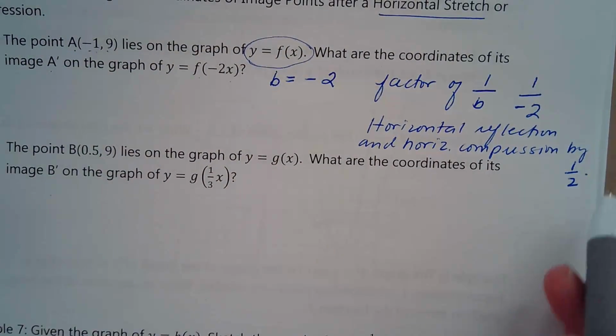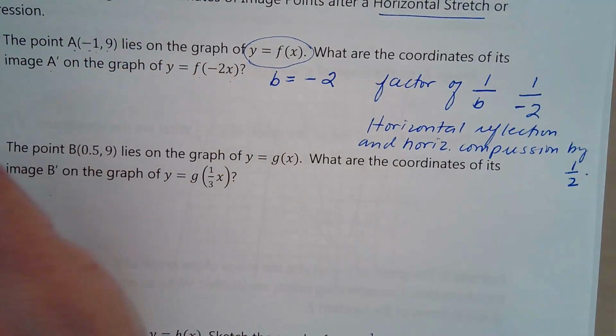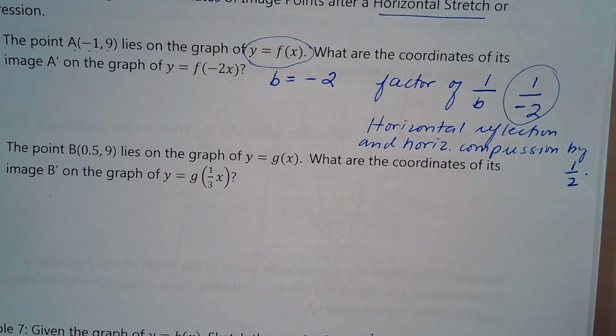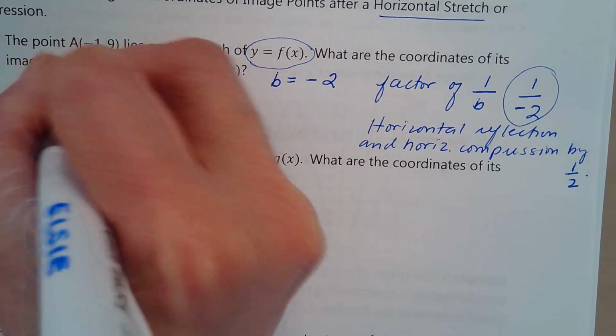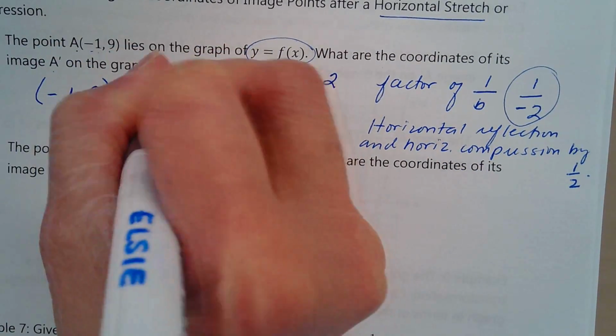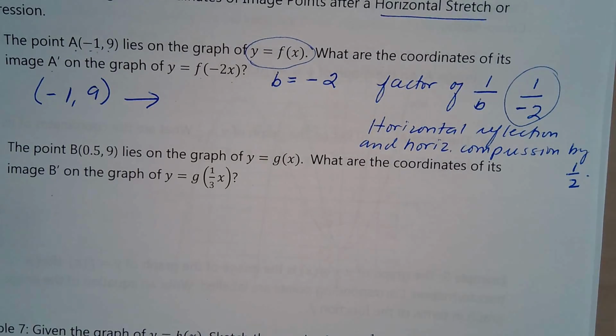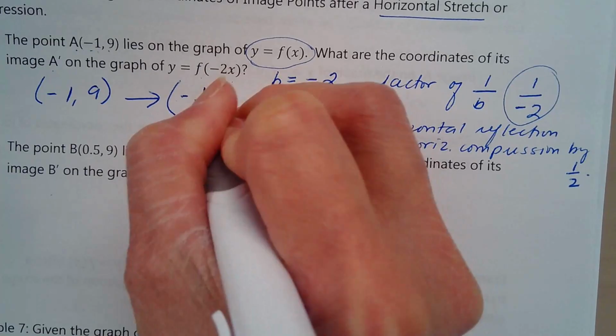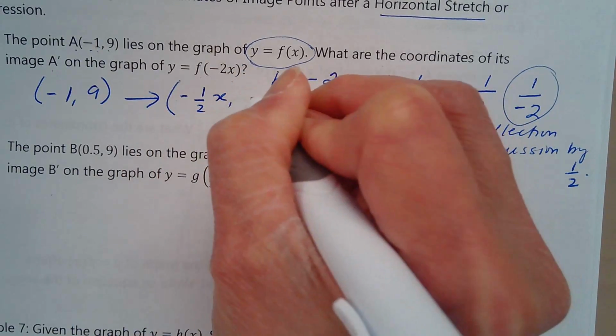So what does that mean? The factor is negative 1/2. So negative 1, 9, after the transformation, becomes negative 1/2 times x.